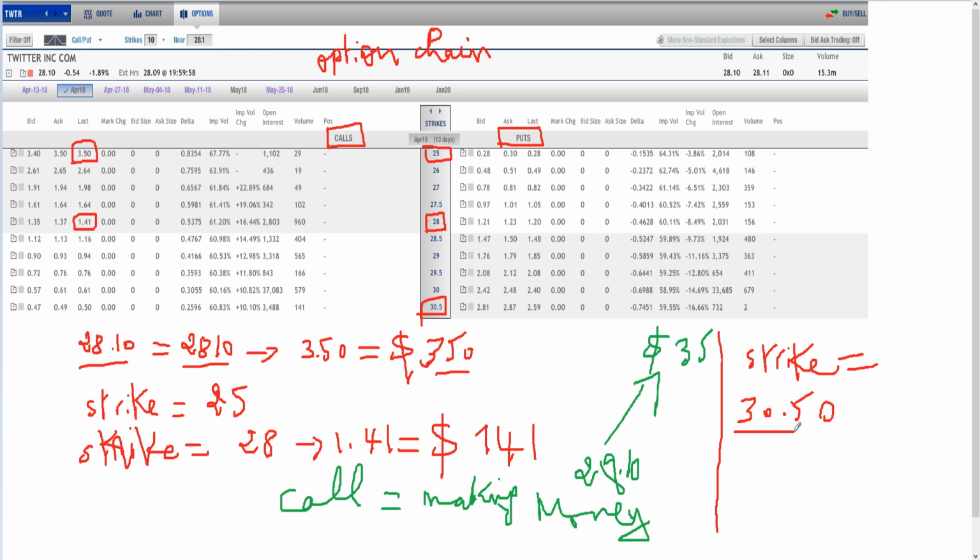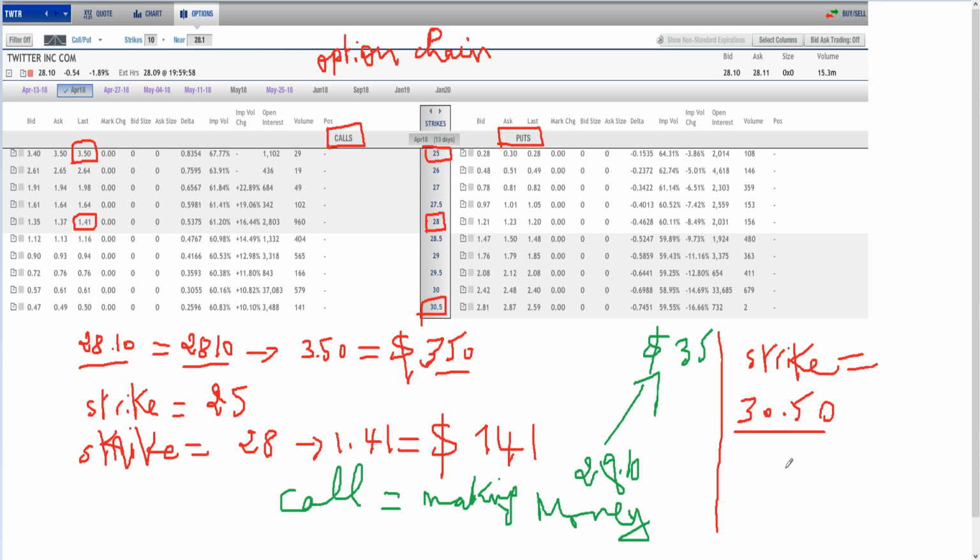Now you understand that $30.50 is above the price of the stock. Since it is above the strike, it has no real value. It means what we call intrinsic value: it is zero. So you pay only for the time, which is until April 18, 13 days from now, which is Friday.